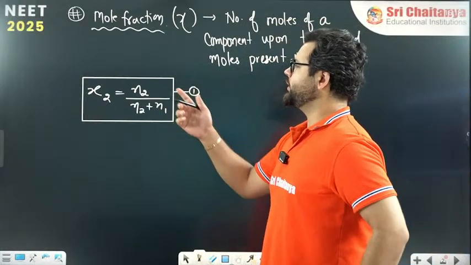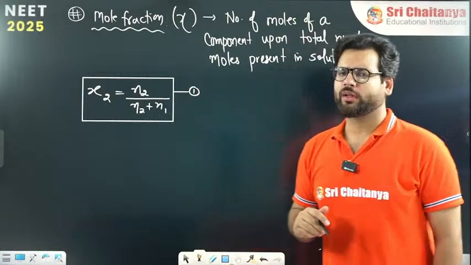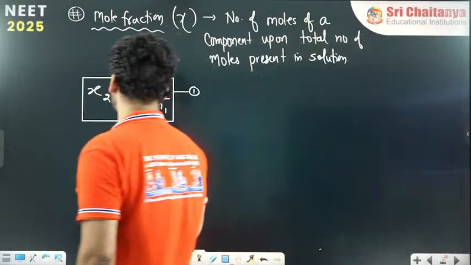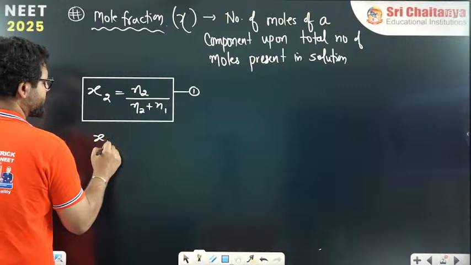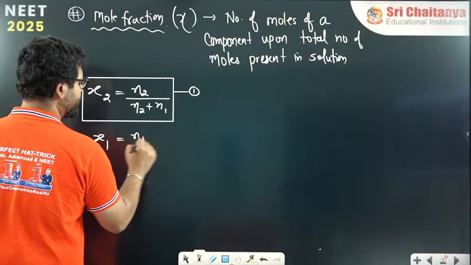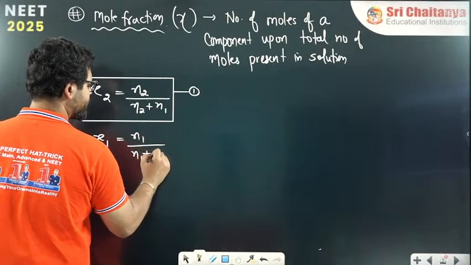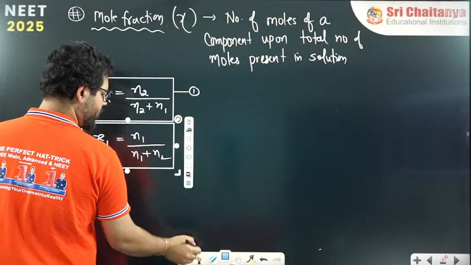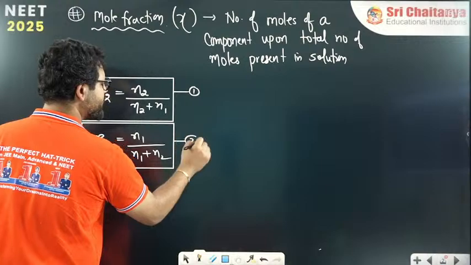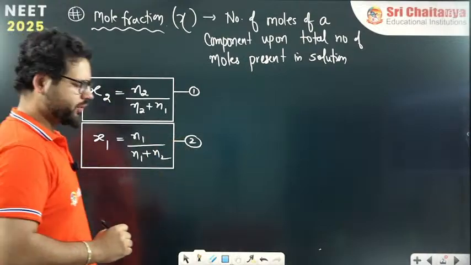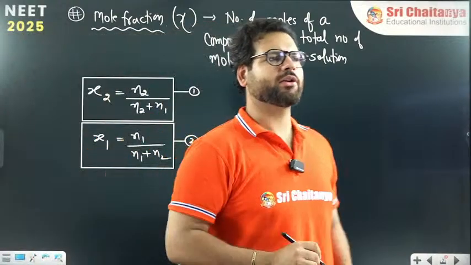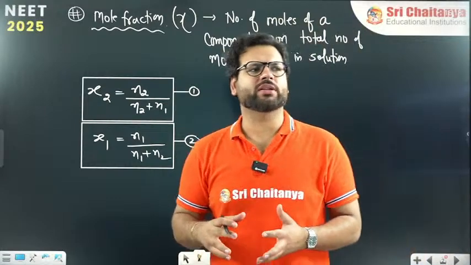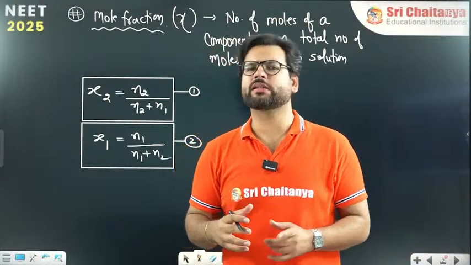So mole fraction is moles by total moles. Same way, mole fraction of solvent also we can find. Mole fraction of solvent will be moles of solvent by total number of moles. And always remember, the sum of mole fractions is always 1.